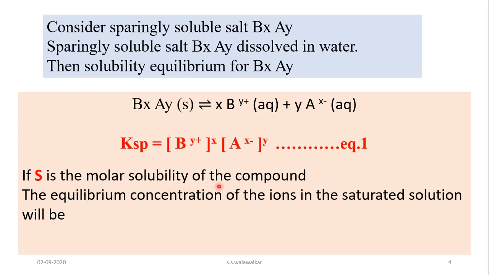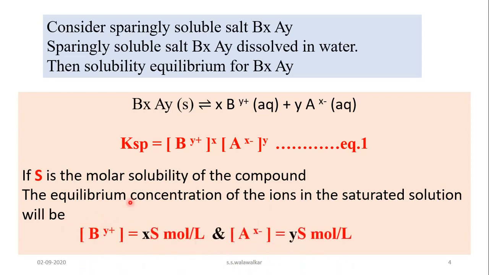If S is the molar solubility of this compound, then the equilibrium concentration of the ions in the saturated solution can be written in terms of S. How many moles of B ions are there? x.